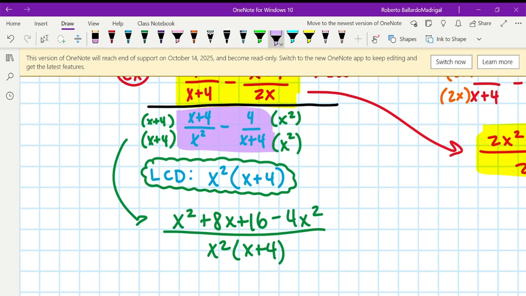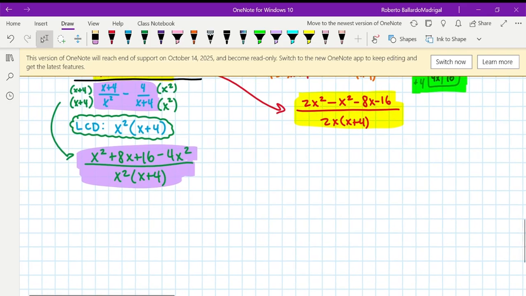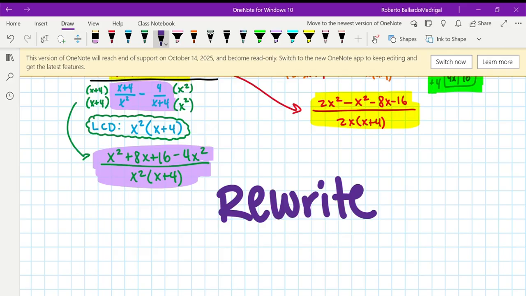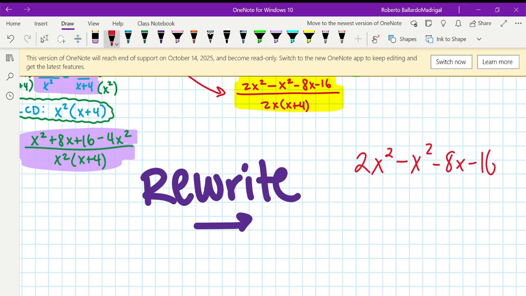All right, we're almost done. So this is the new numerator. Or sorry, denominator. Okay. So now let's rewrite. All right, so rewriting this, we have 2x squared minus x squared minus 8x minus 16 over 2x and x plus 4.